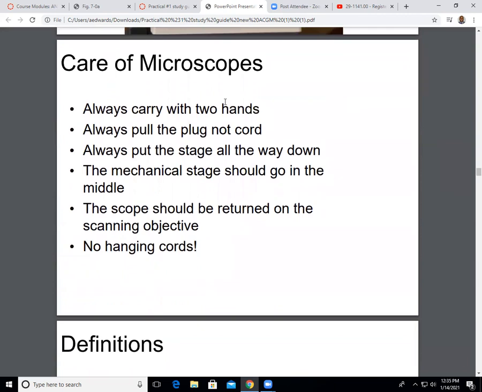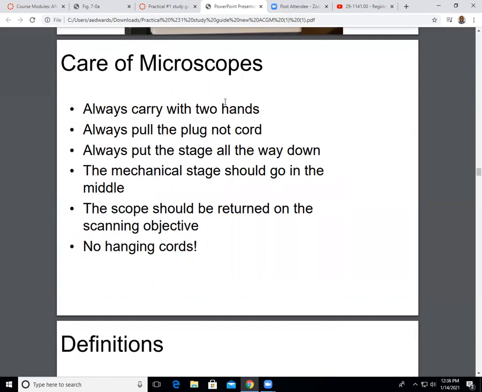So just to make sure you have a sense of it, okay, what's this thing here? Anybody remember? Stage, good. Okay, what's this? Nose piece, right? What are these? Objectives. What's this? Eyepiece, okay.